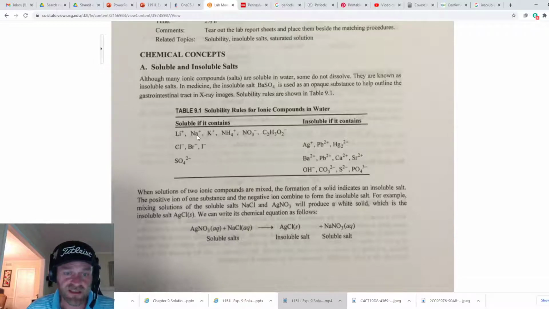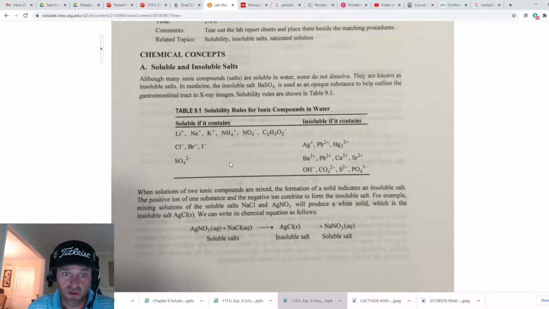Okay, so if it's soluble, if it contains any of these, it does contain sulfate and nitrate. Okay, so it's soluble if it contains nitrate, period. That means nitrate's going to be one of those ones that doesn't do anything because it's always soluble.